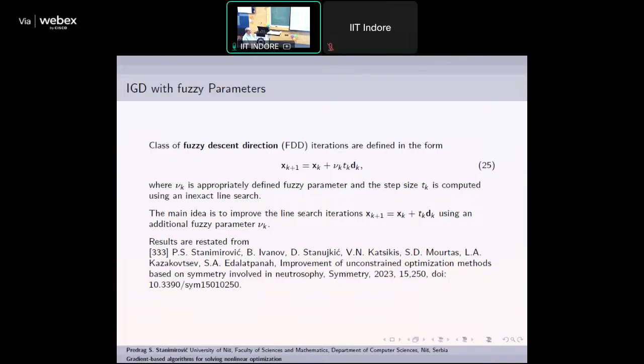And it should be a job for fuzzy logic rules. We must have several neutrosophic if-then rules for how to define the new fuzzy parameter. It is defined according to the behavior of the goal function during iterations. This result has been published in Symmetry recently.